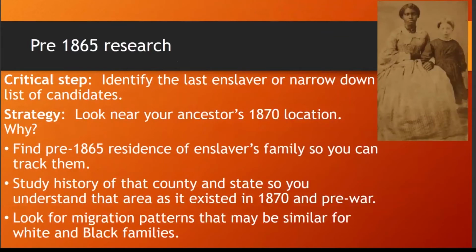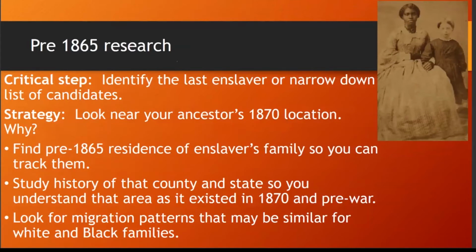Now, researchers call the difficulty of connecting a freed ancestor who shows up in the records during Reconstruction to his or her last slaveholder the 1870 brick wall. So the most critical step in your pre-1865 research is to identify the last enslaver, or at least narrow down a list of candidates.